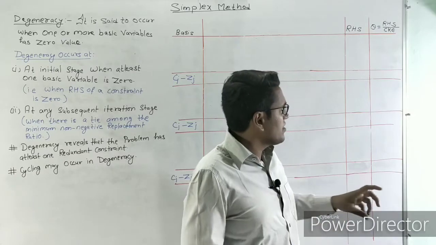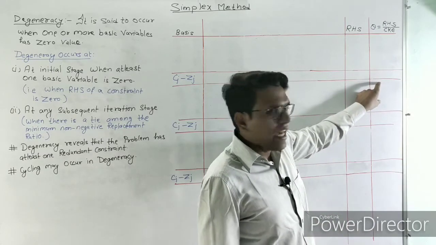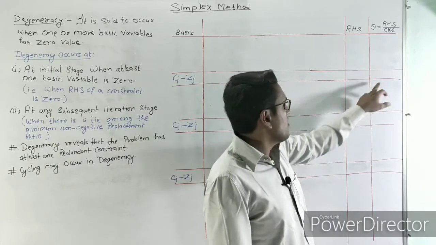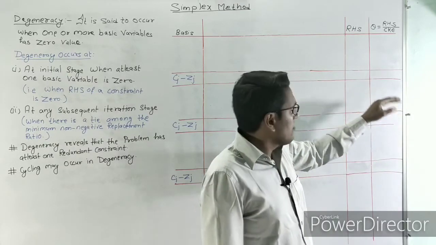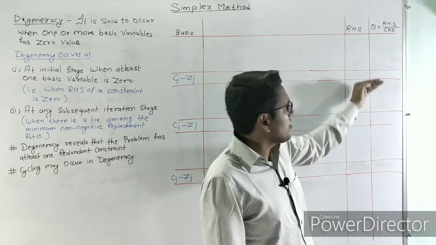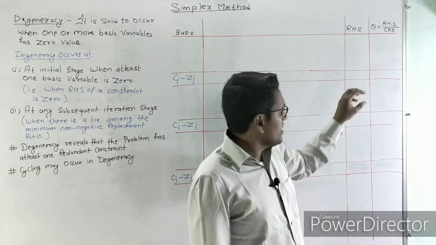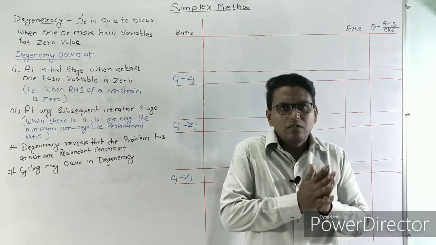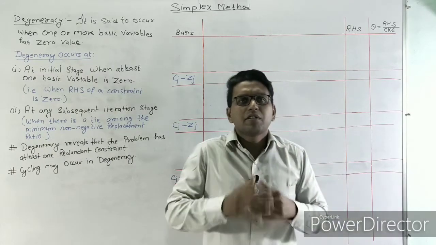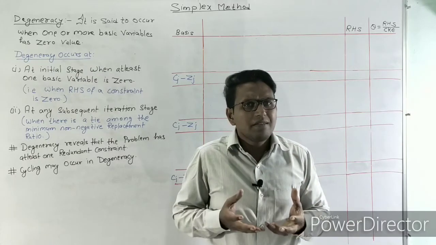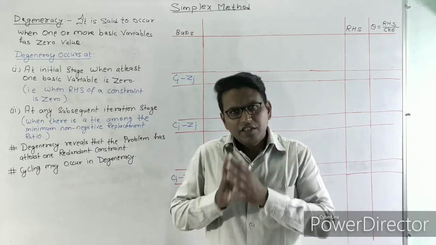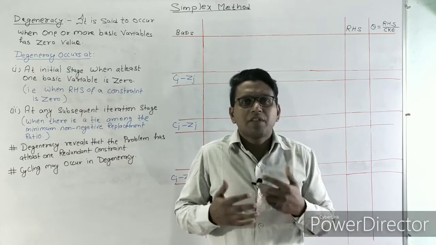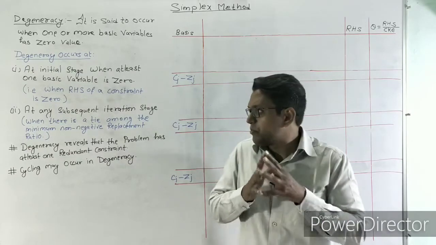Whenever there is a tie for the leaving variable, we can select any of the variables arbitrarily, and in the next stage the other variable will attain the value 0. So ultimately the value of one of the basic variables becomes 0 and our problem is degenerate. And in degeneracy the value of z, that is the value of our objective function, does not improve.